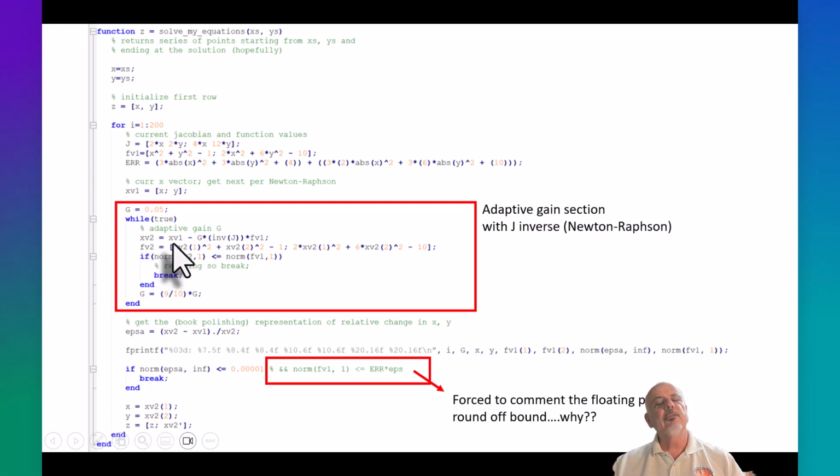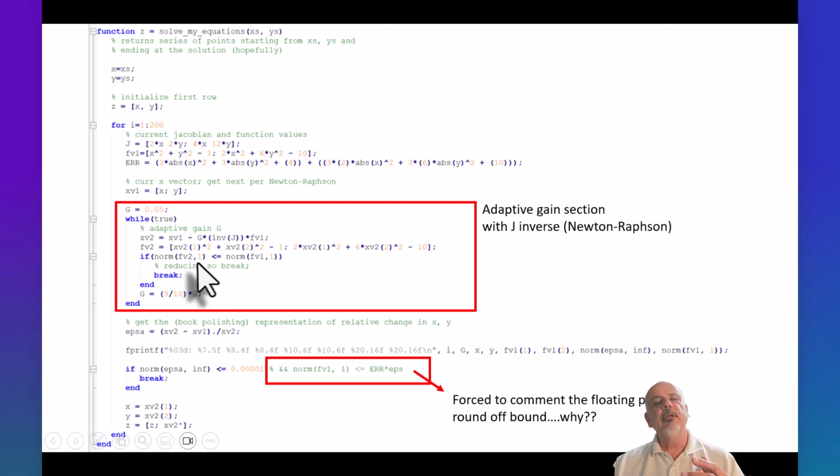So I'm going to be using the same xv1. It's just I'm changing the g if I need to. So I'm changing the g, and then I get the next fv2 based on my proposed xv2 position.